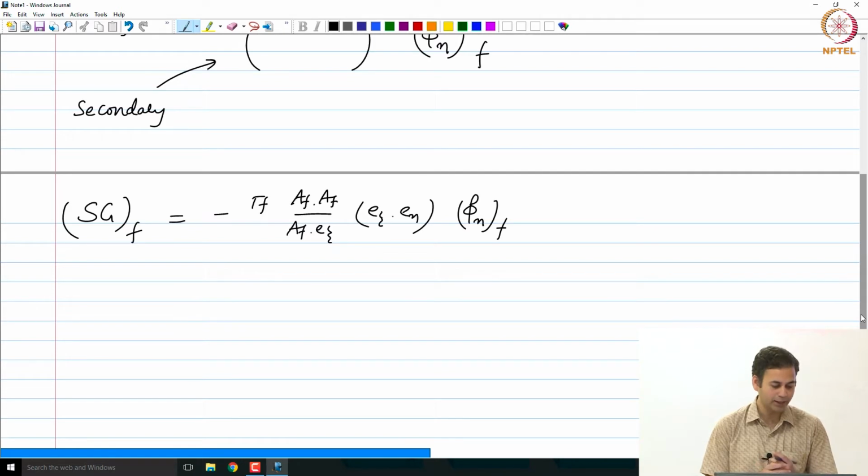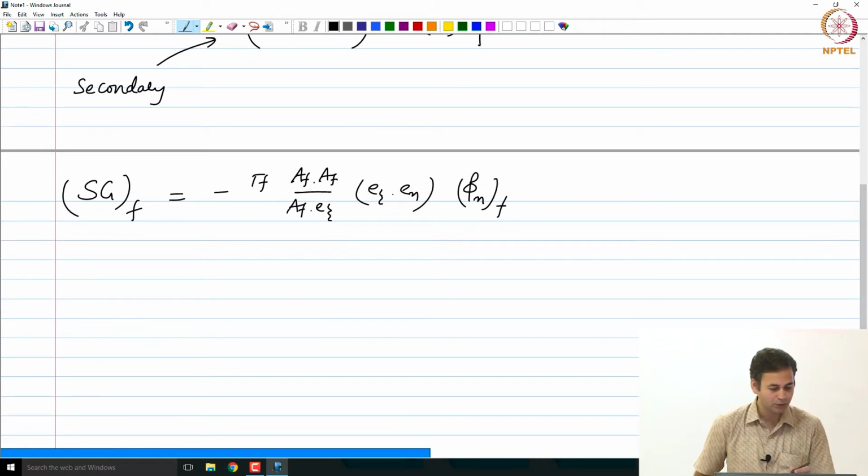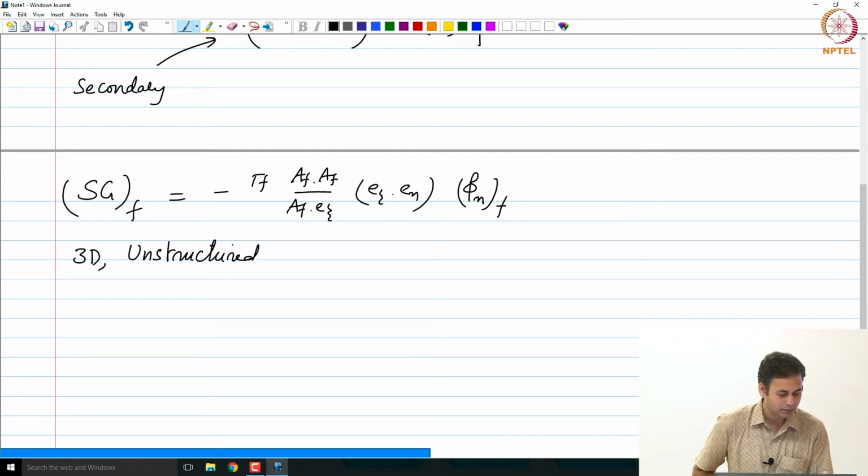So, we said one good way to calculate this is to somehow calculate the total face gradient and then subtract off the component in the xi direction from this total gradient. That is what we wrote. So, in general for a 3-dimensional unstructured mesh, the secondary gradient can be calculated using gamma f grad phi f dot A f.